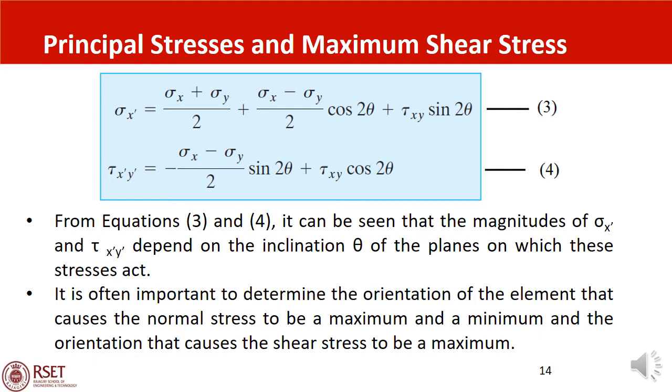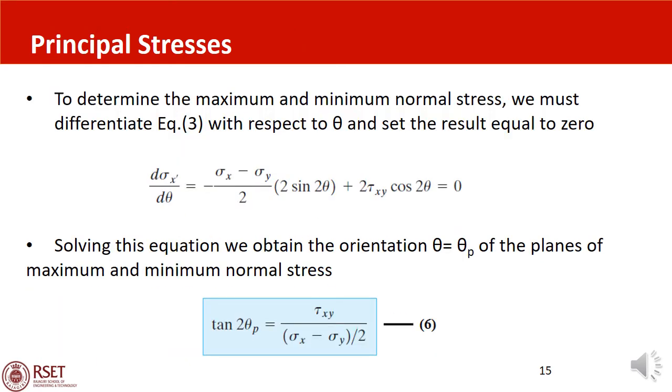To determine the maximum and minimum normal stress components, we must differentiate equation 3 with respect to theta and set the result equal to 0. That is, d sigma x dash by d theta should be set equal to 0. Thus, we get minus of sigma x minus sigma y by 2 into 2 sin 2 theta plus 2 tau xy cos 2 theta equal to 0.